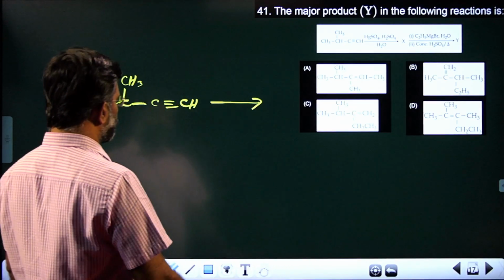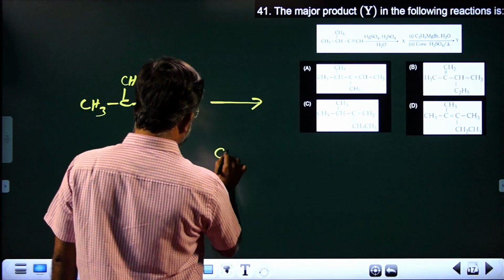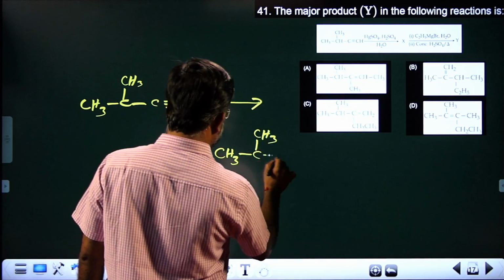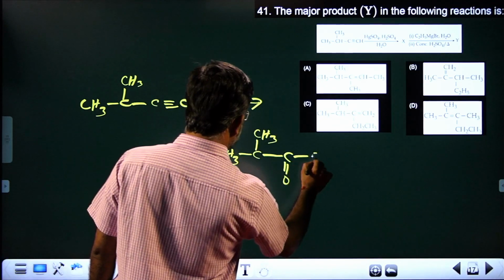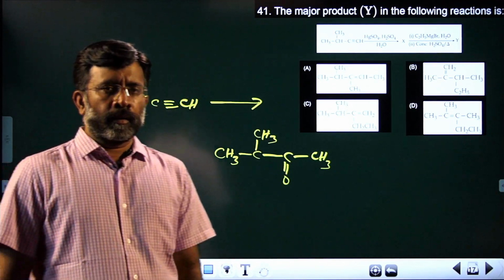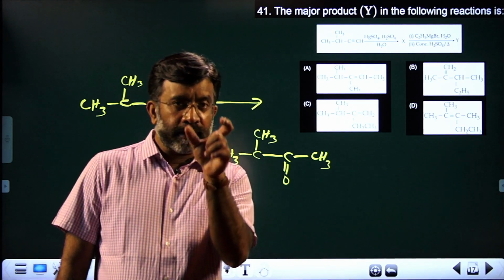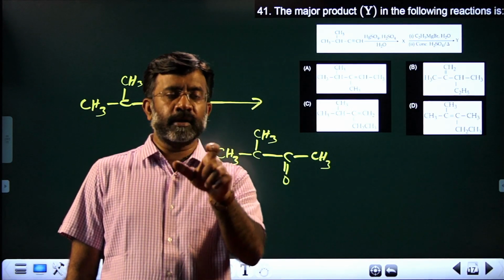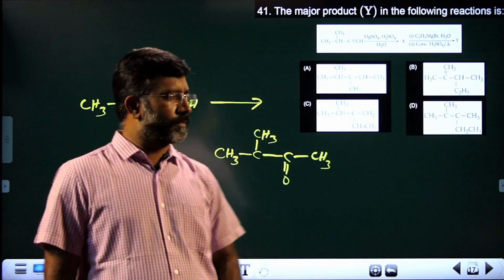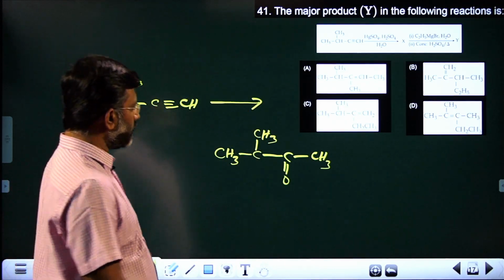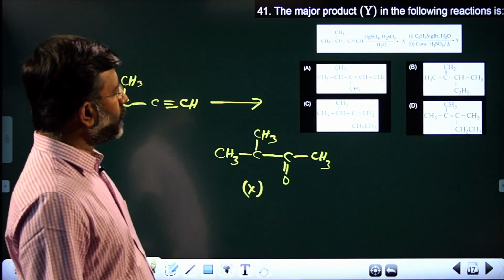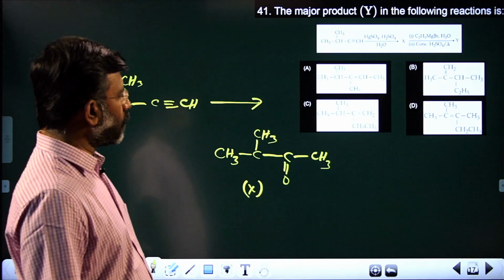So the product obtained here is a ketone, CH3, CH2, CO, CH3. This ketone obtained is X. Now that is treated with the Grignard reagent followed by hydrolysis.